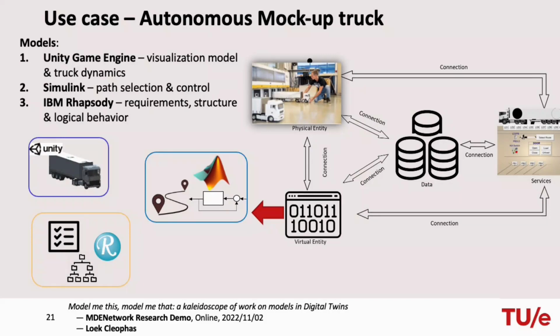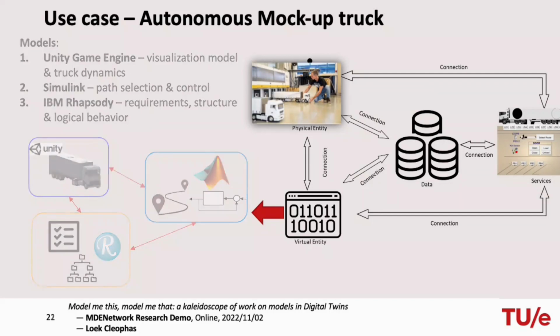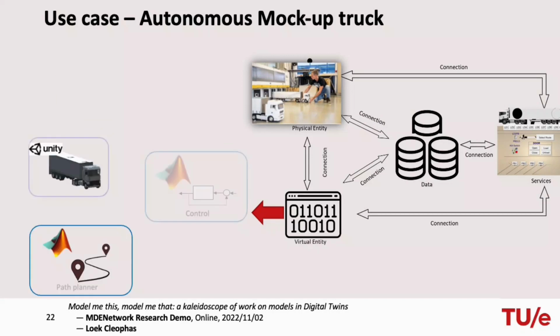The Simulink model was quite monolithic, and we wanted to see, A, can we modularize this, and B, one of the reasons for modularizing is also that we want to enable using different tools for different purposes, depending on the domain. So what David actually did is he modified the virtual entity.